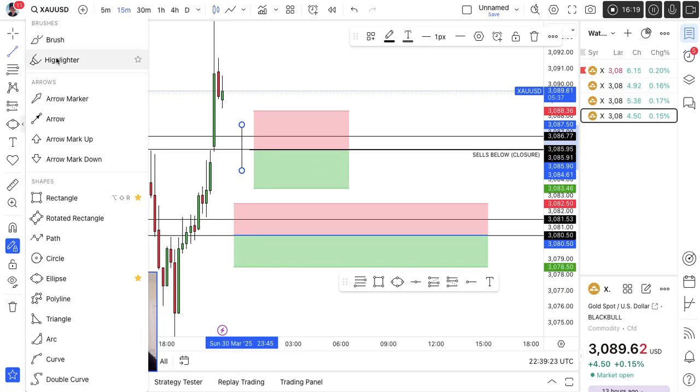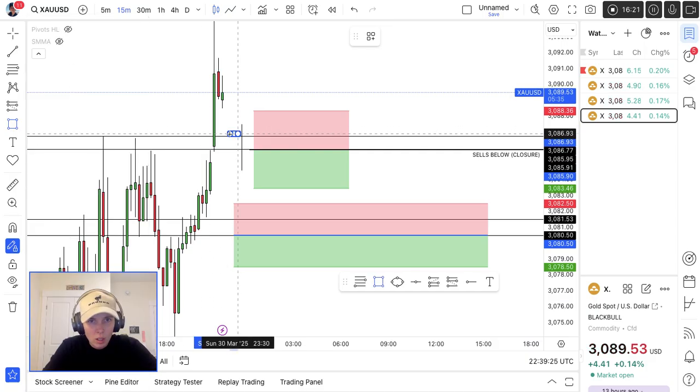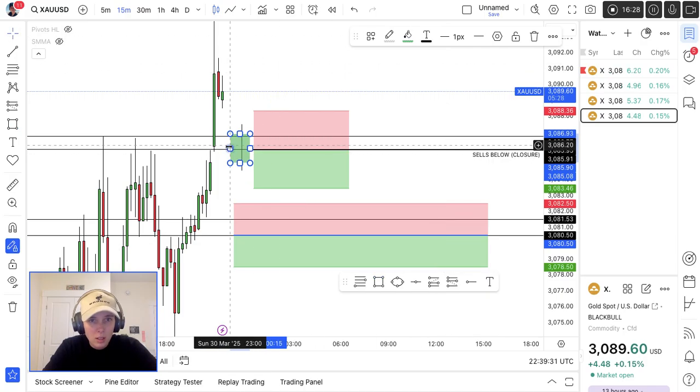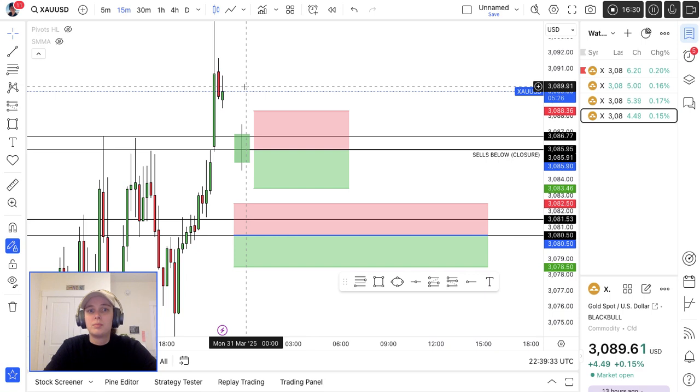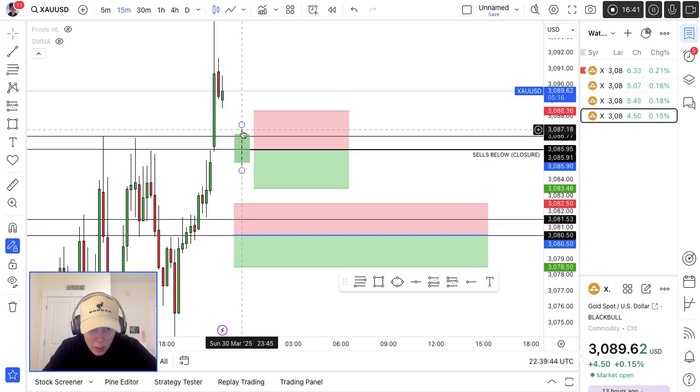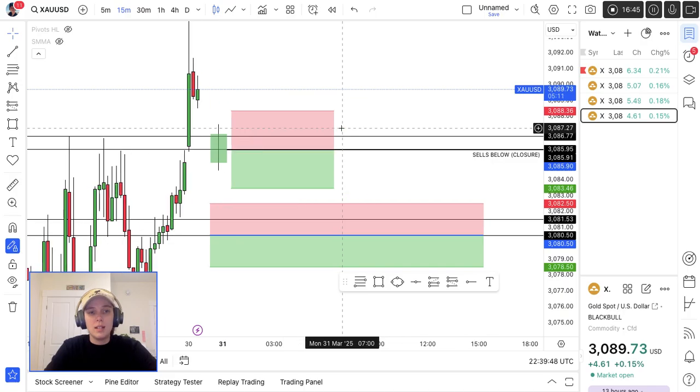See how it closed below here, like down here, close below. Price will come up, and then while it's coming back down, we enter. That makes sense? That's kind of my strategy, guys.